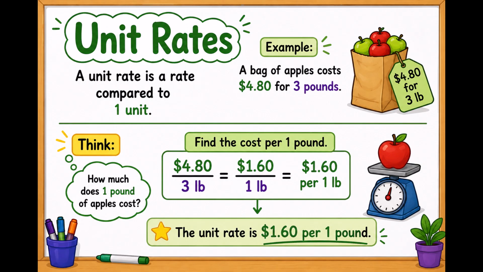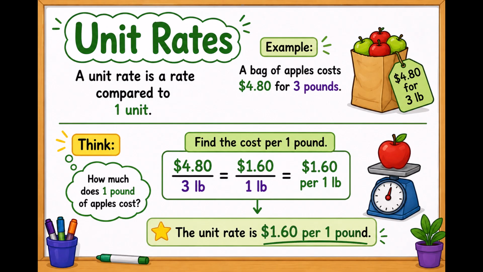So if I'm trying to travel somewhere and it's going to be an 8-hour trip, I need to know how far I'm going to travel in 1 hour. How much distance am I going to cover in that 1 hour, if the total trip is a certain amount of time? Okay? So it's extremely important to understand this. So pay attention. So let's look at the example.